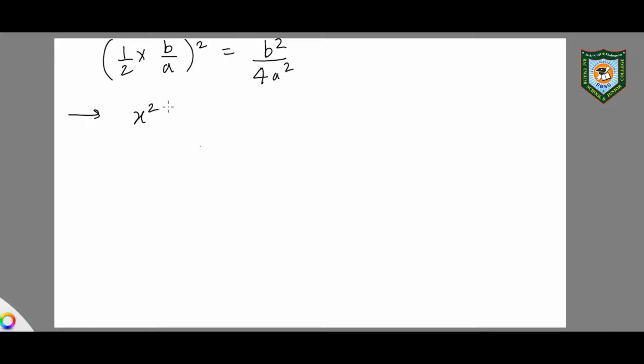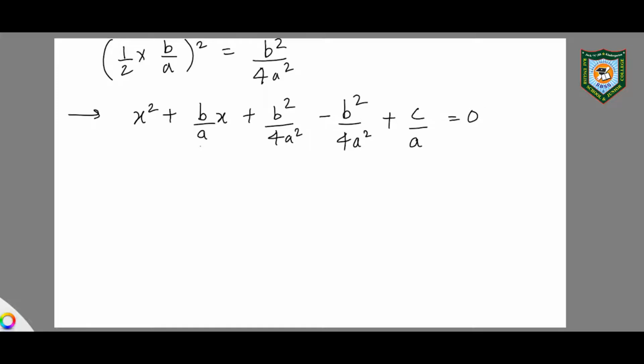I'll have x square plus b by ax plus b square by 4a square minus b square by 4a square. Instead of adding this value b square by 4a square to both sides, I just added and subtracted them on one single side, plus c by a is equals to 0.